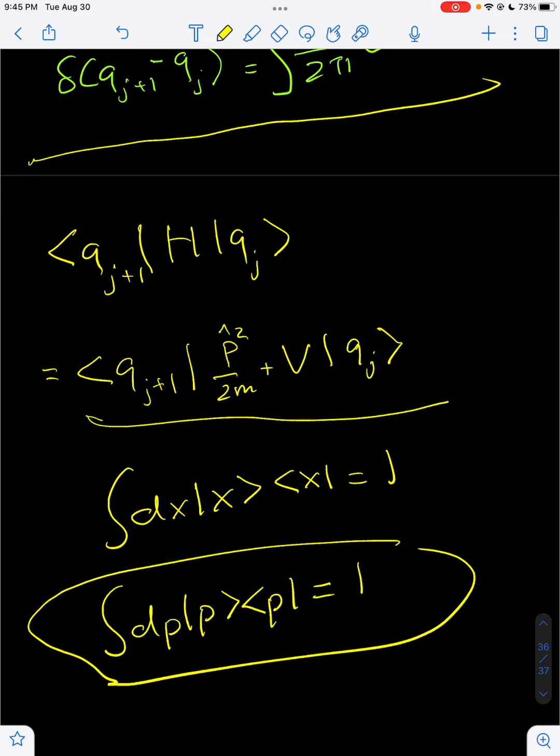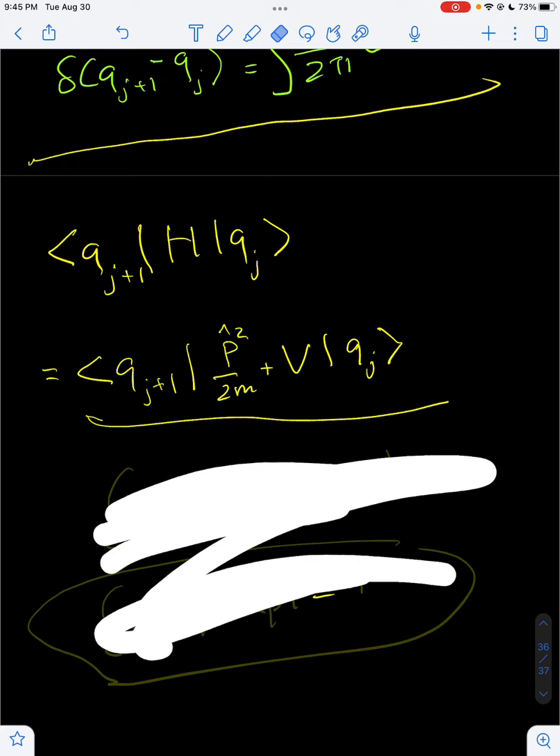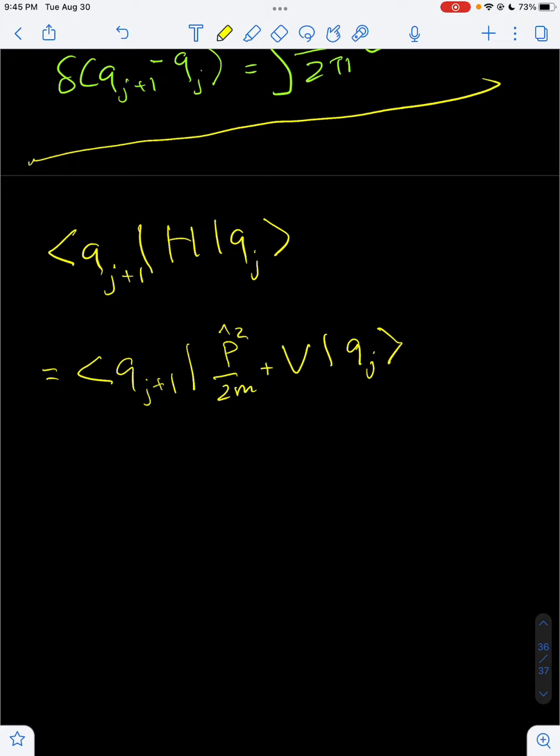So we're going to use the latter instead of the former to change our basis, all right? So this is just going to be equal to the integral over dp. We should have added dp divided by 2 pi, by the way. 2 pi is there for convention. So dp over 2 pi |p>.